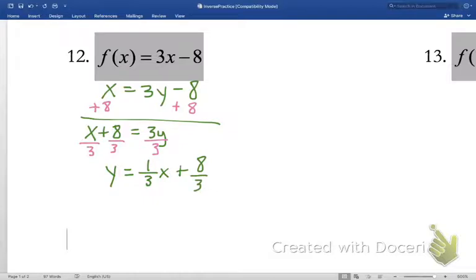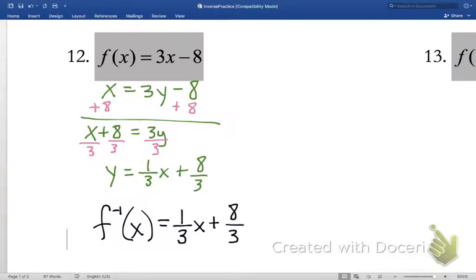Now we could have written it all as one big fraction. That's okay. The last step is to do our inverse notation. So we have inverse f of x. Because we were given an f of x, we need to do inverse f of x, which is going to equal 1/3 x plus 8/3. You could have written this as x plus 8, all divided by 3. Either way works.